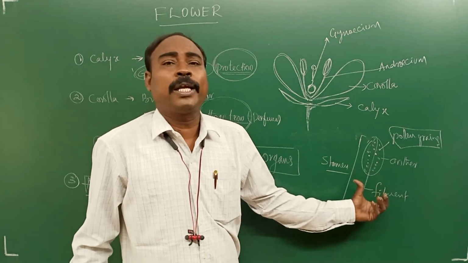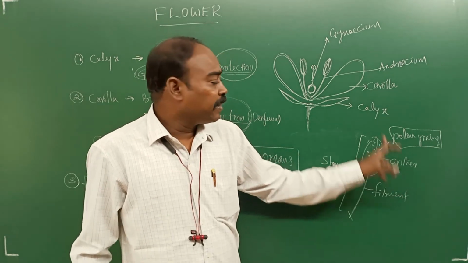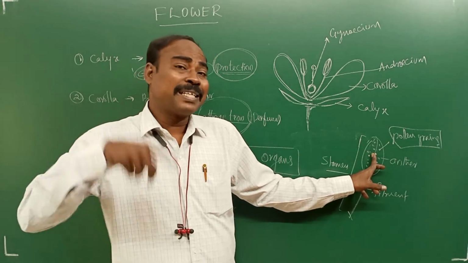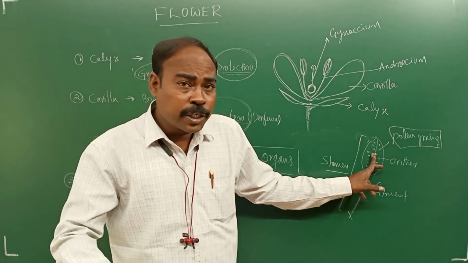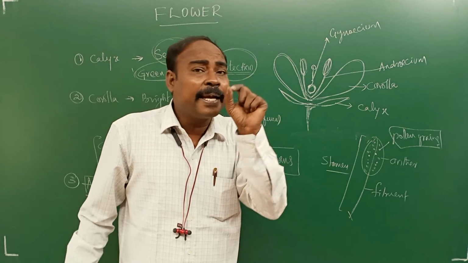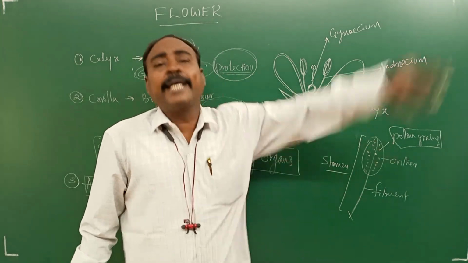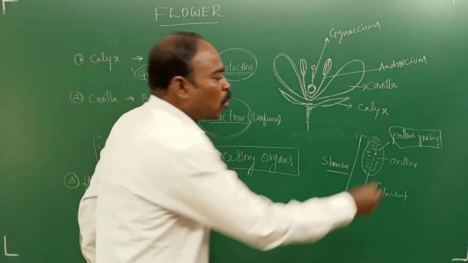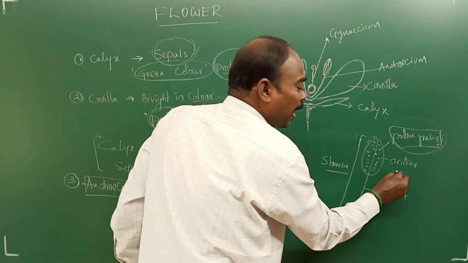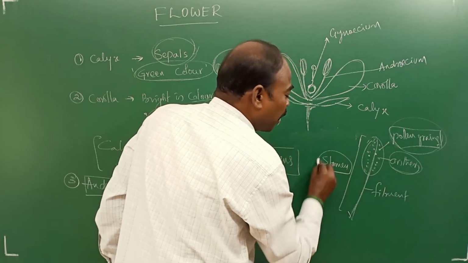But just the morphological structure you must know. Filament, anther. Within the anther, the spore mother cells undergo meiosis to produce pollen grains. Each pollen grain is considered as a male gametophyte which carries the male gamete, right? So pollen grains are developed in the anther. Anther is a part of stamen.